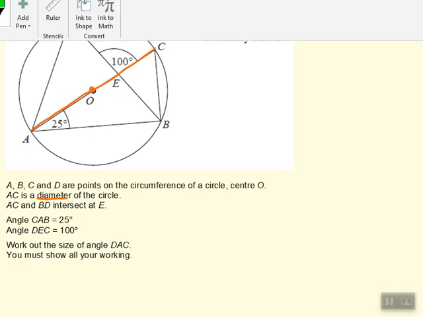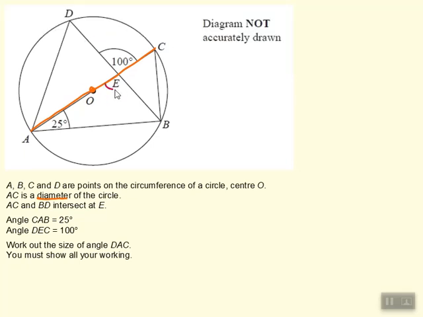Then I said this angle is 100, because remember opposite angles where two straight lines cross are equal, so that's 100. Then I worked out this angle here in triangle AEB, so that's 180 take away 100, take away 25, so that's 55 degrees.